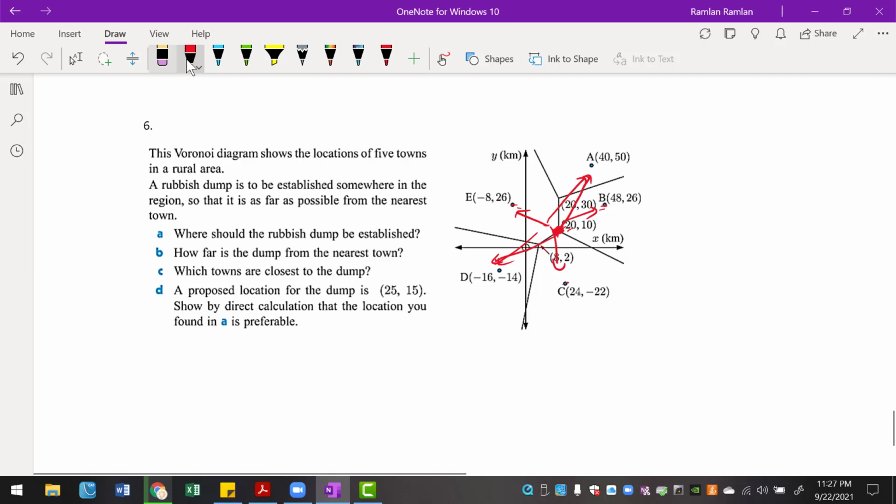So in this case, we're going to choose that vertex as the rubbish dump. So question A should be (20, 10).